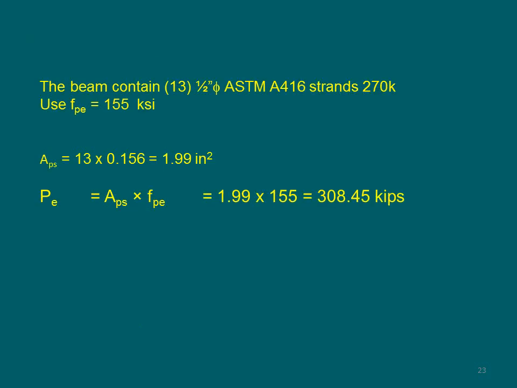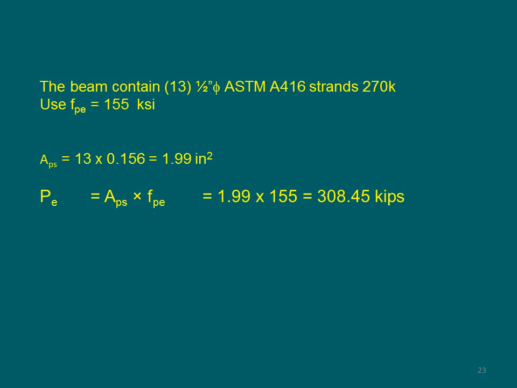The beam includes 13 half-inch ASTM A416 strands, 270K. The fpe, the effective stress, we are not going to be using 150 ksi. Instead, we will be using 155 ksi in this problem only.